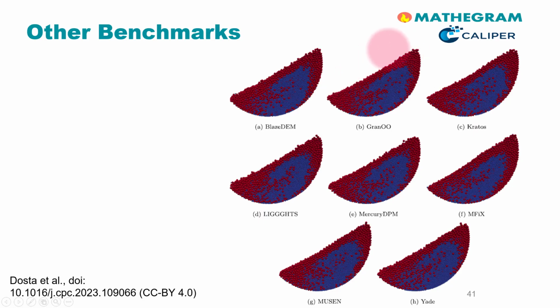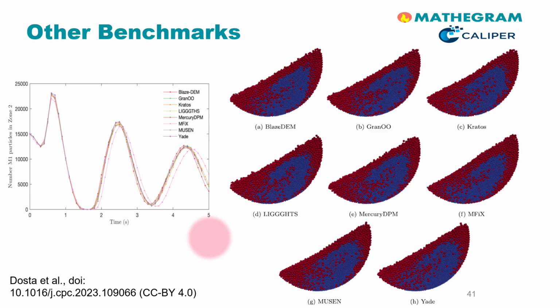As you can see, all the simulators predict this behavior and there are only minor qualitative differences. A more quantitative analysis of these differences is shown here on the left, where again it is visible that there are only marginal differences between the predictions at most.